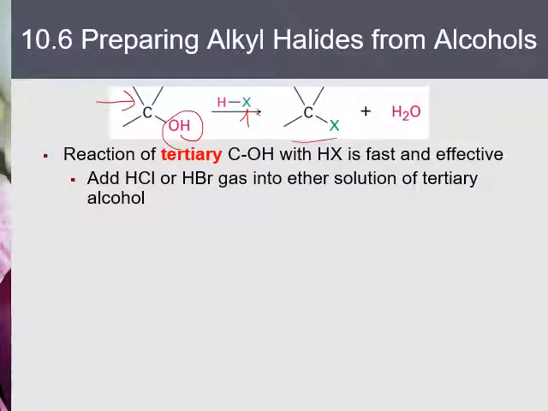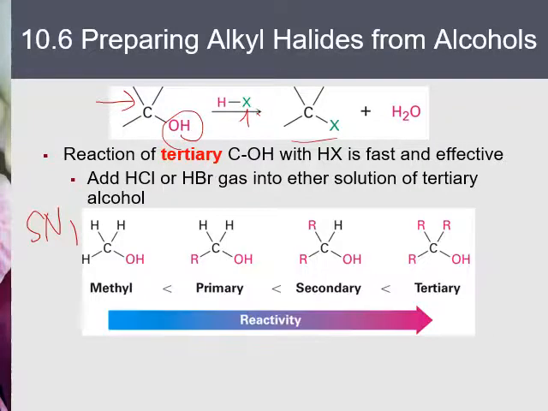Now in the next chapter, we are going to learn the mechanism of this type of reaction, and we will show the reaction undergoes SN1 reaction. For SN1 reaction, tertiary is the most reactive, followed by secondary, primary, and methyl alcohol. And therefore, this reaction to form alkyl halides using hydrogen chloride or bromide is most effective for tertiary alcohol.